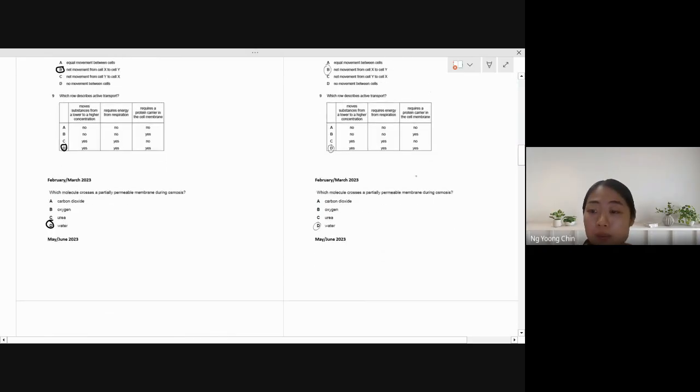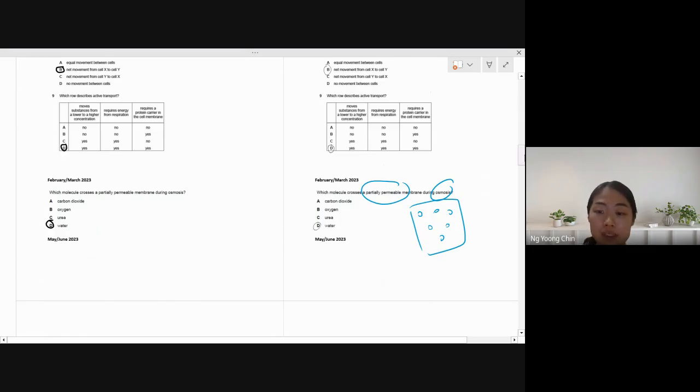Osmosis, what is the condition for osmosis to happen? First, it needs to involve water molecules. Osmosis is only the transport of water molecules, but not other solutes. Then it requires a selectively permeable membrane, or partially permeable membrane. This is the membrane, right? It has very, very small holes, small enough to allow the water molecules to diffuse through.